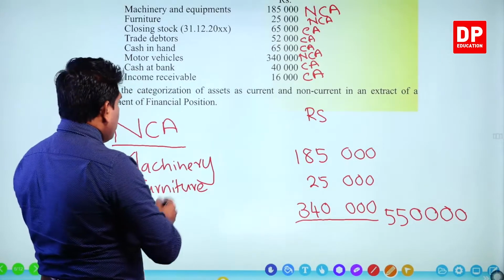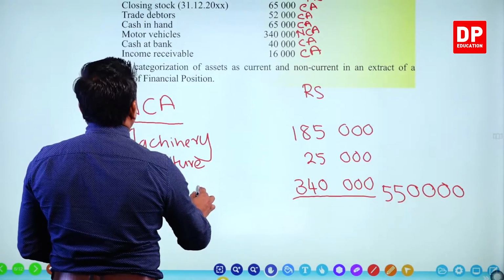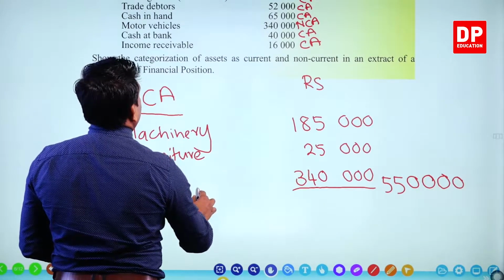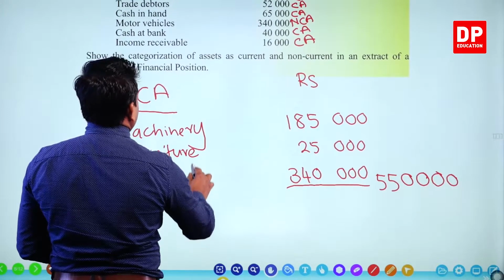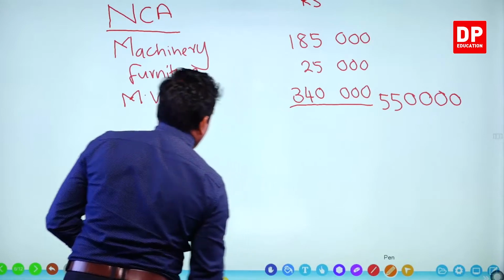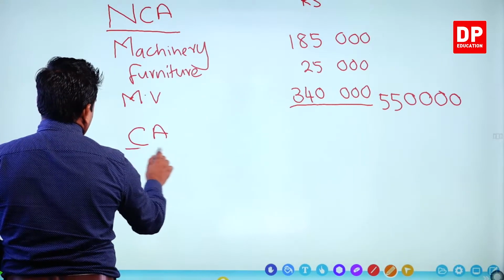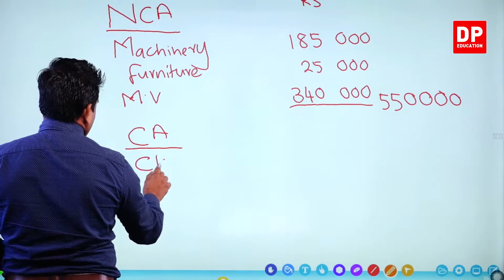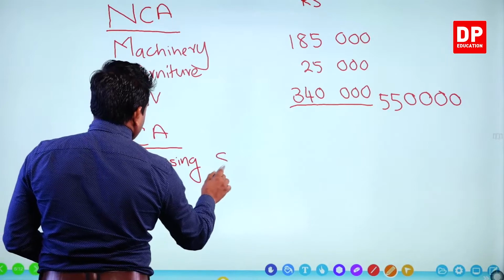Okay. Now, I scroll up the screen, then we can pick the current assets detail, right? Closing stock 65,000.